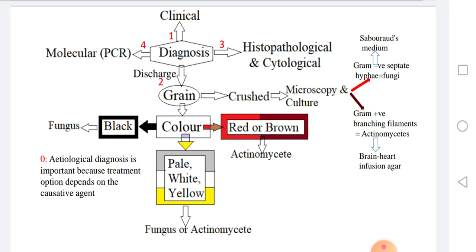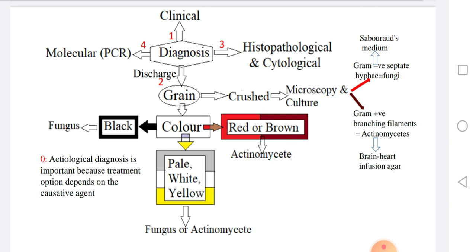Then you can make a film and dry it, stain it with gram stain. The actinomyces are gram positive, so they look as branching filaments.